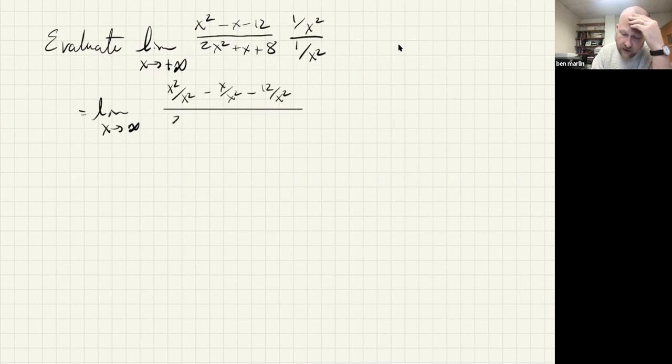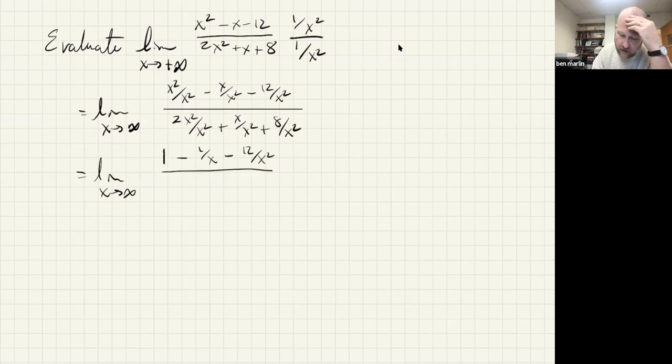Then the bottom will be 2x squared over x squared plus x over x squared plus 8 over x squared, which you can simplify as 1 minus 1 over x minus 12 over x squared divided by 2 plus 1 over x minus 8 over x squared.